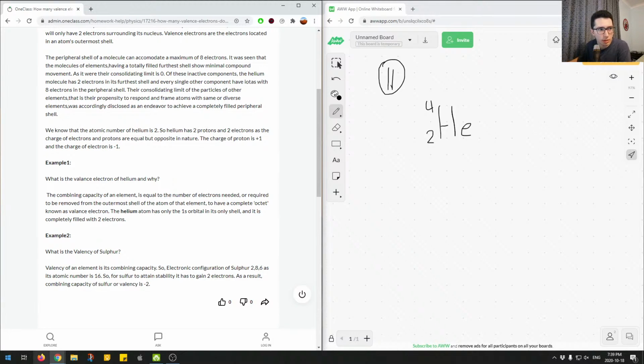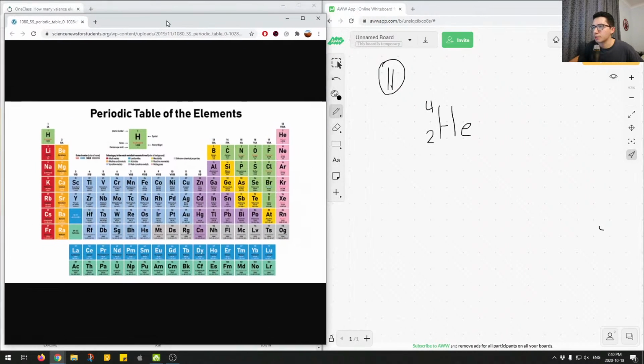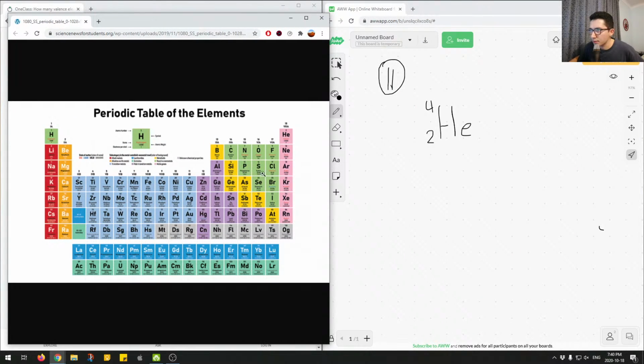So let me just look at this real quickly. I'll just look up the periodic table. So kind of looking at this, for sulfur over here, just looking at each group, for this group we'd have 1 electron in its valence shell.